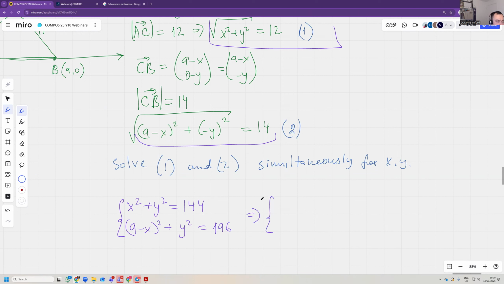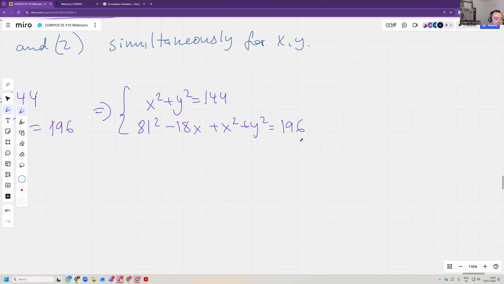So from here, we get x squared plus y squared is 144. 81 minus 18x plus x squared plus y squared is 196, and we can subtract. So we do this minus that, and we get 81 minus 18x equals 196 minus 144.